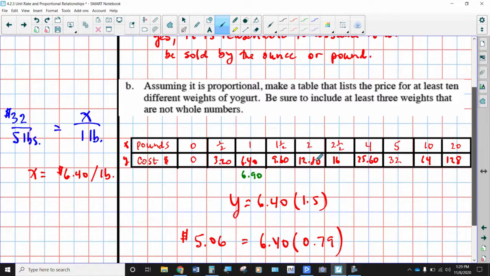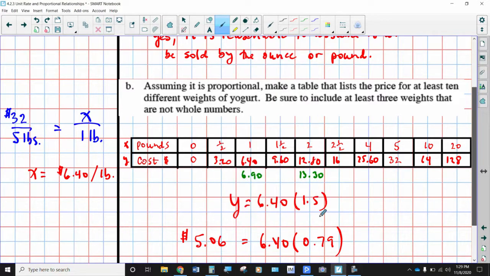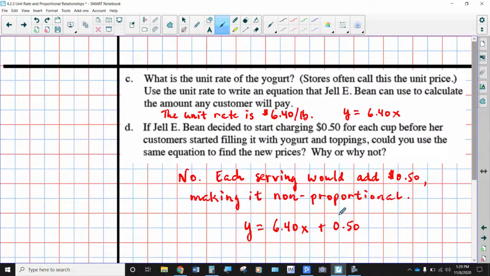But when you add 50 cents to 12.80, that's going to be $13.30, not $13.80. So by changing the nature of the situation, you change the nature of the equation where it's no longer proportional. So those tricks of doubling and using proportional reasoning will no longer work for a situation like this.